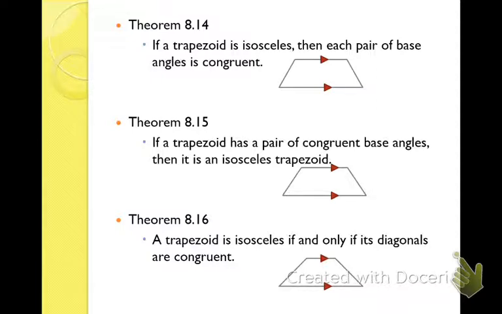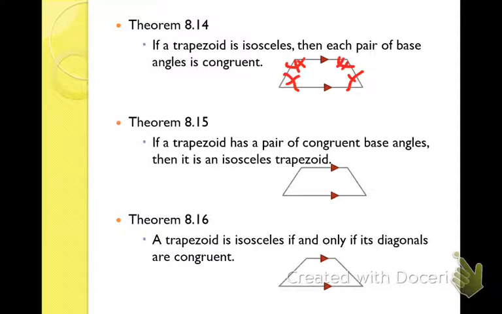So if I were to mark this up, I would say this is congruent to that, and these two are congruent as well. Theorem 8.15: if a trapezoid has a pair of congruent base angles, then it's isosceles. It's just the opposite of this, okay?